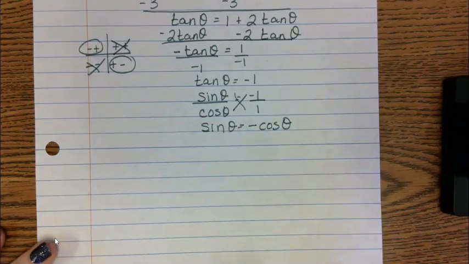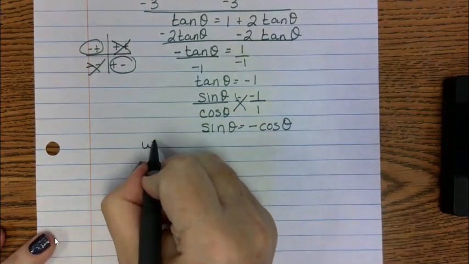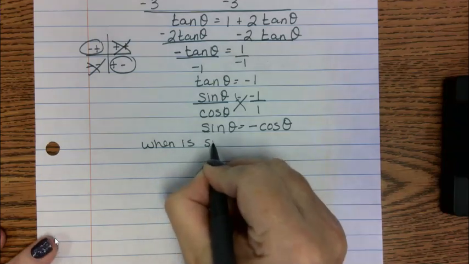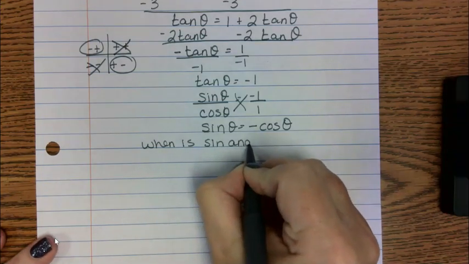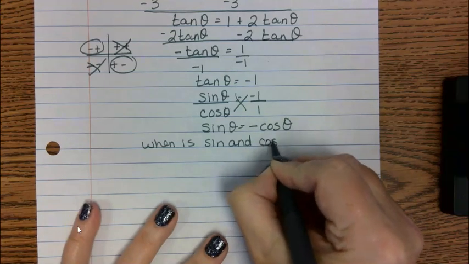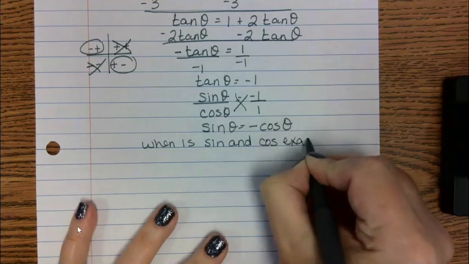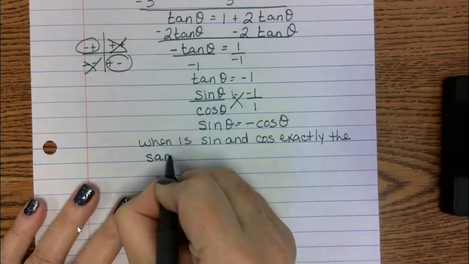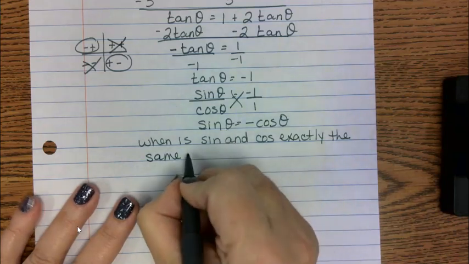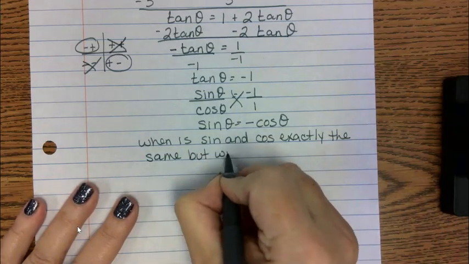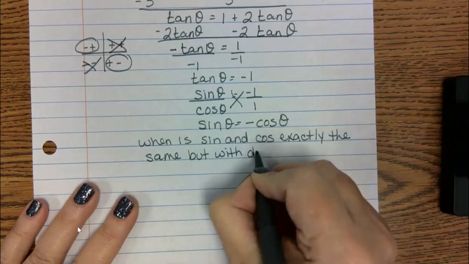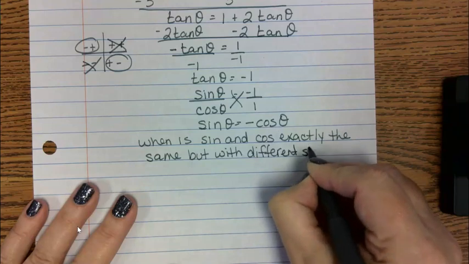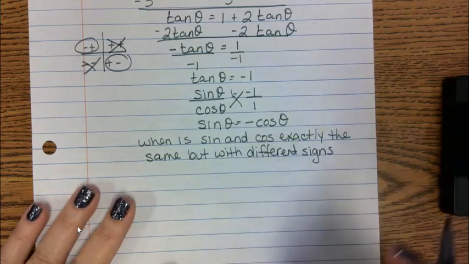So what this means is, when are sine and cosine exactly the same, but, this is going to be weird, with different signs?